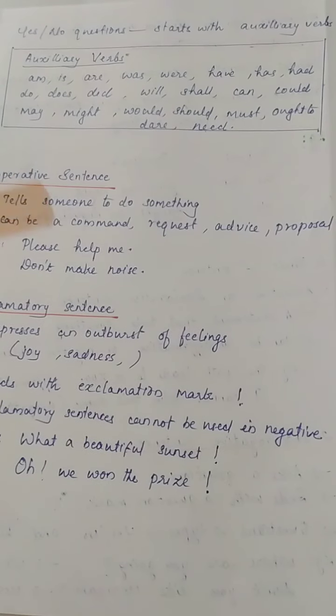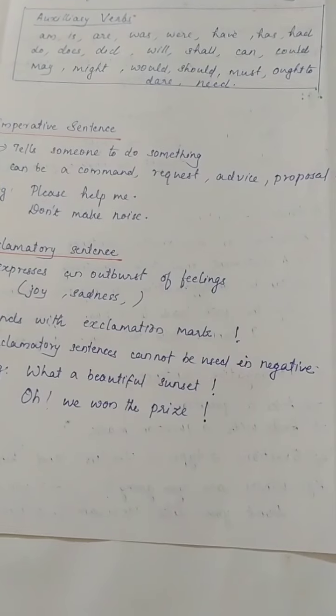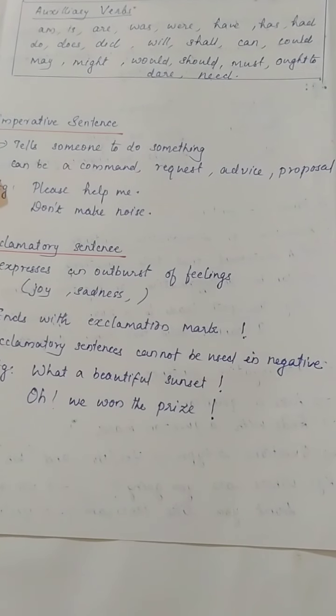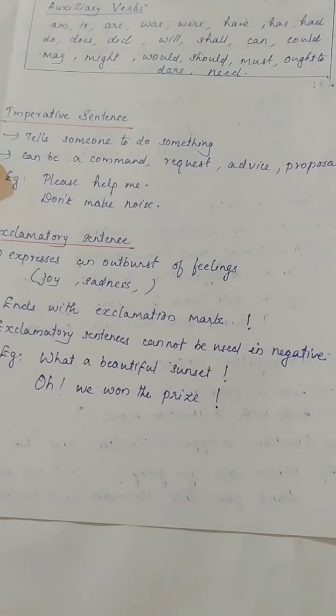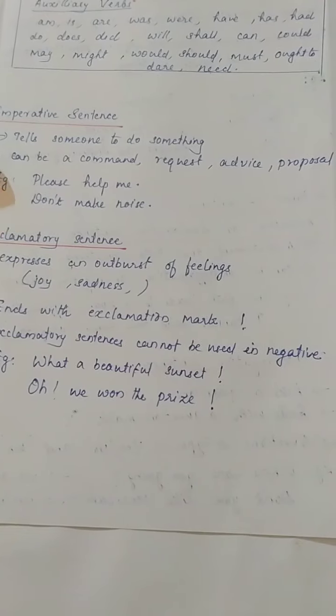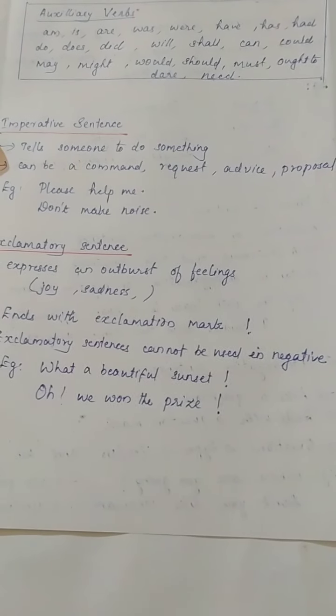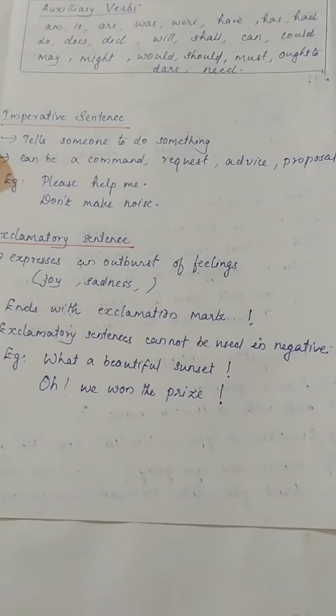Okay. The third kind of sentence is the imperative sentence. An imperative sentence tells someone to do something. If you are asking someone to do something, that kind of sentence is an imperative sentence. It tells someone to do something.